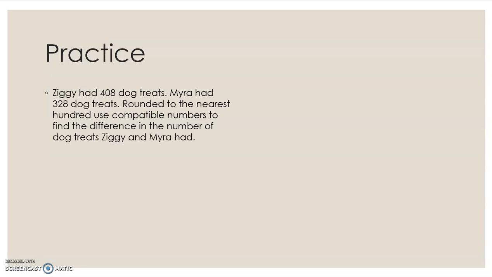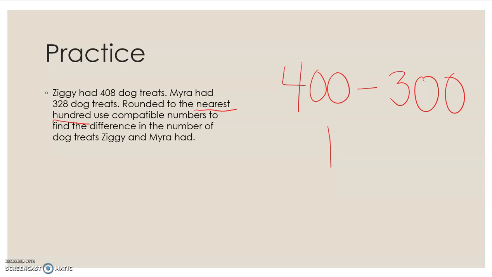For this example, we are being asked to round to the nearest 100, which means we will be subtracting two numbers. So in this case, 408 will become 400 because remember, we're rounding to the nearest 100. And 328 will be rounded to 300. Now, we know that 4 minus 3 is 1. So we can put our 1 down, but then we got to remember to put our zeros as well.